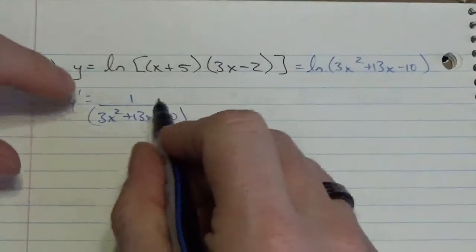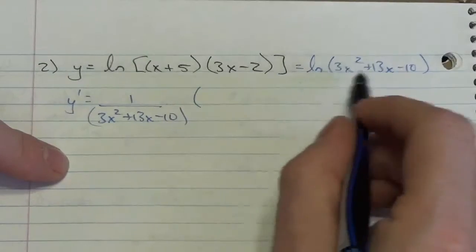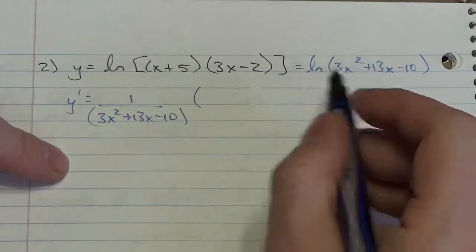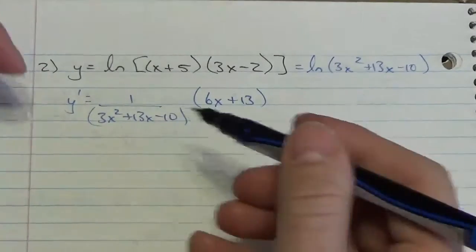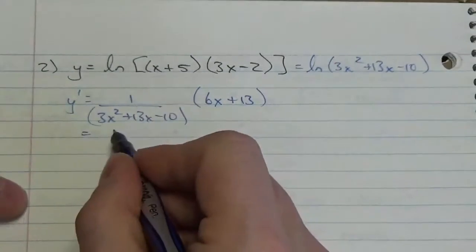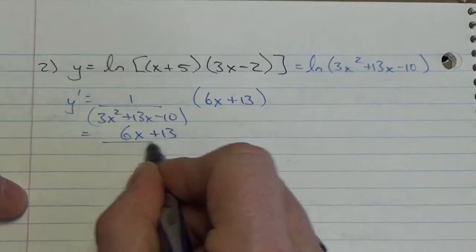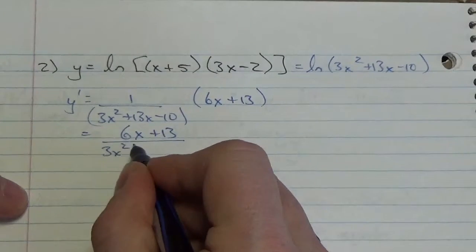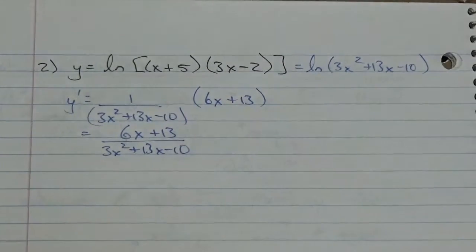Then I would multiply by the derivative of what's inside there. The derivative of 3x squared plus 13x minus 10 will be 6x plus 13. So writing those together, this becomes 6x plus 13 over 3x squared plus 13x minus 10. So that's one way to do it.